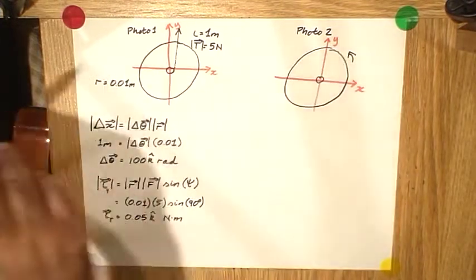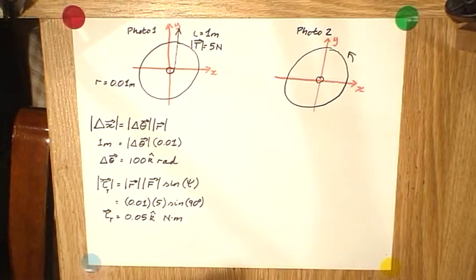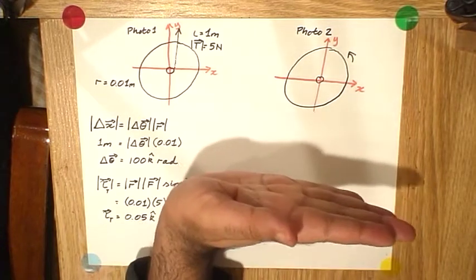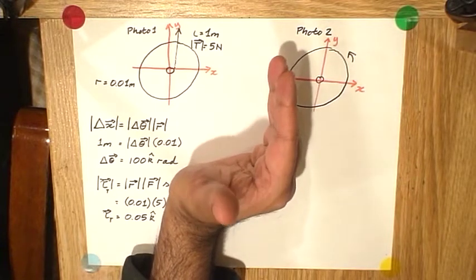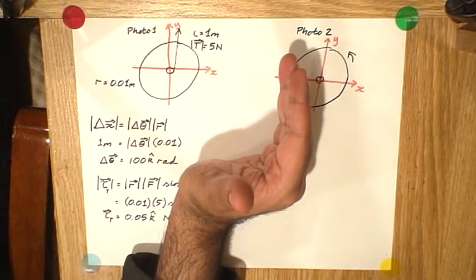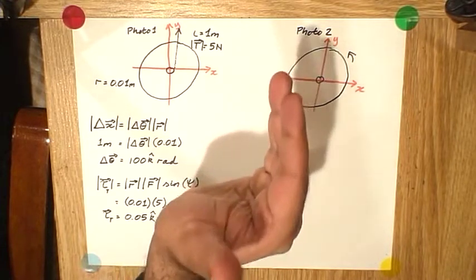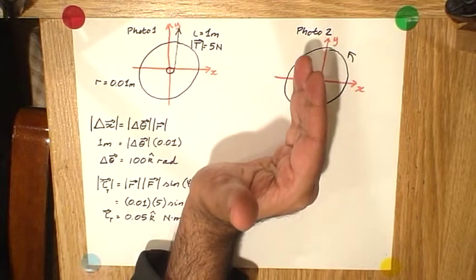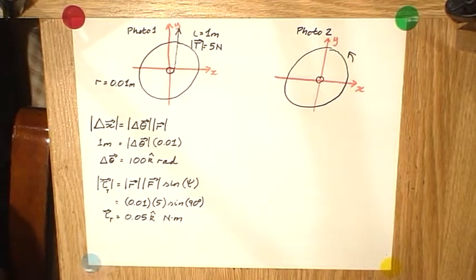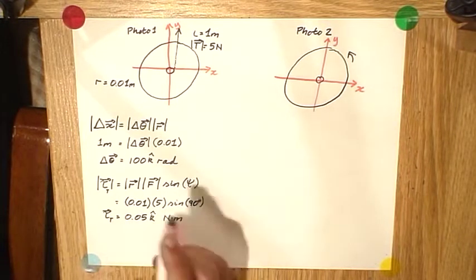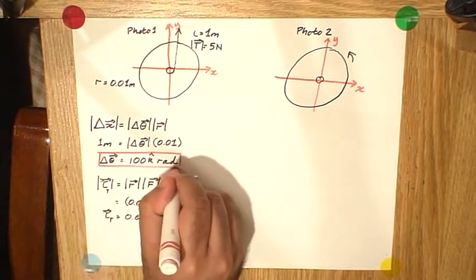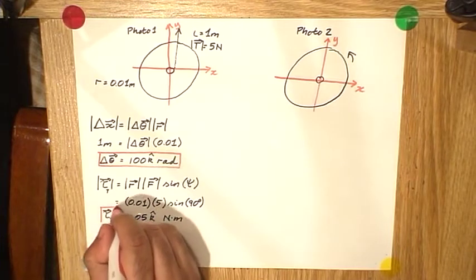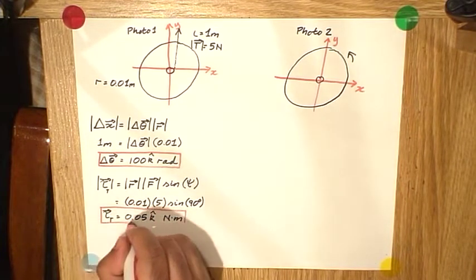We could, if you wanted to do it the way that we did it in our 103 class, say the lever arm is pointed rightwards, the force itself is pointed in positive y, so that means the torque must be pointed out of the page, but that's basically a positive torque, which means once again we're talking about a positive k hat over here. So now let's sum up the things that we have found. We have found the displacement, that is important, and we have found out the torque, that is also important.